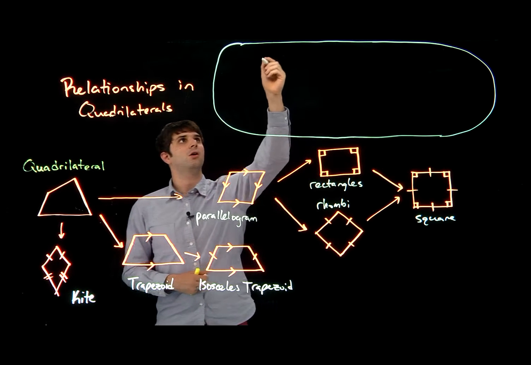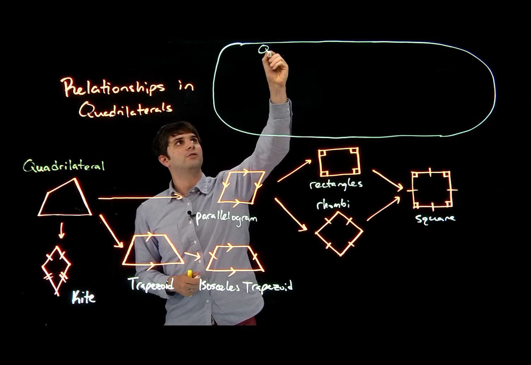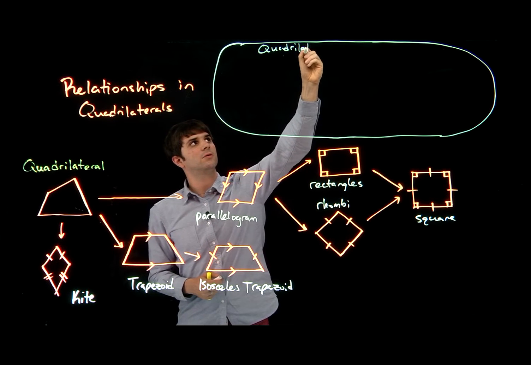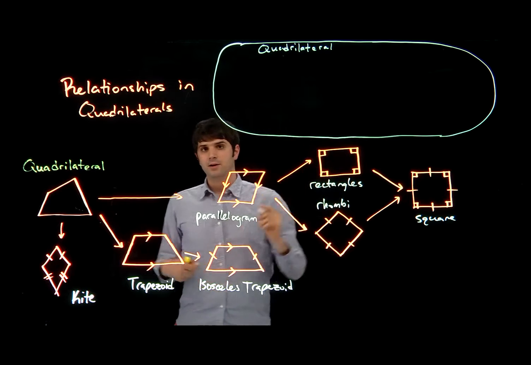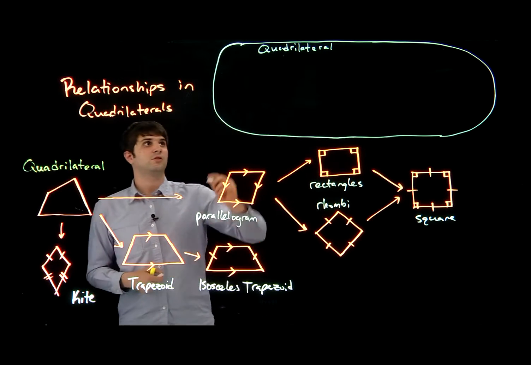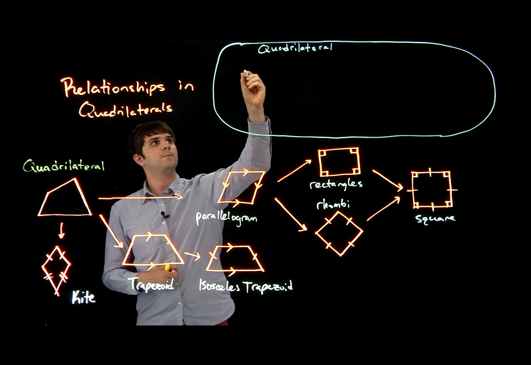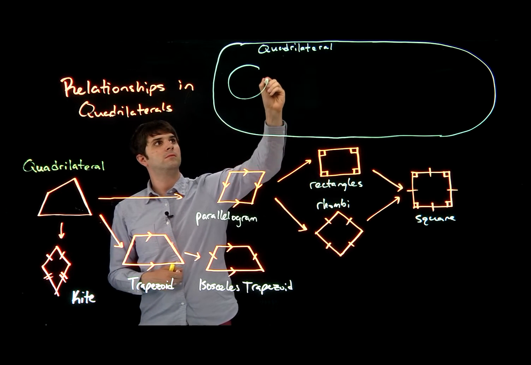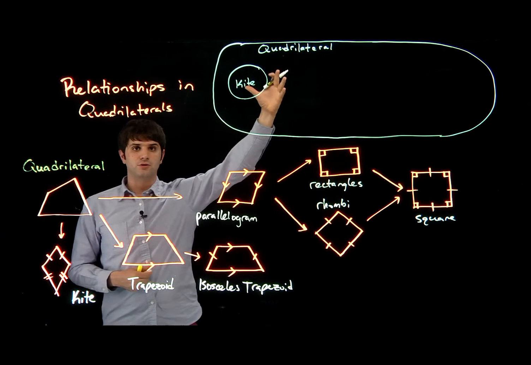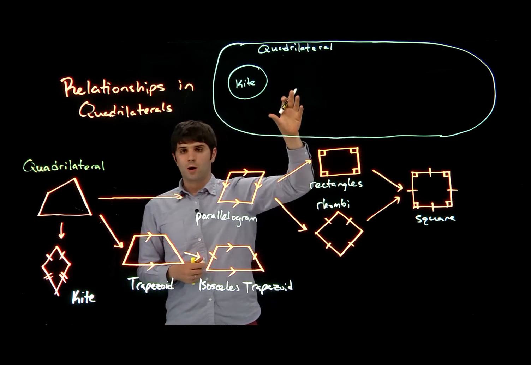Okay, so this is all quadrilateral. Okay, and again, we have a few different types of quadrilateral. One, we have kites. Okay, so we have kites. So all kites are quadrilaterals, but not all quadrilaterals are kites.